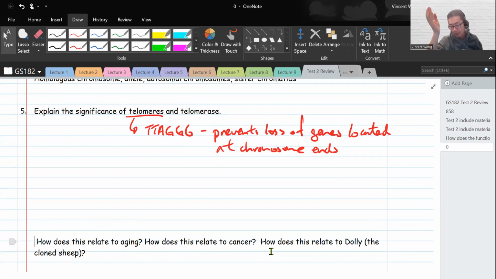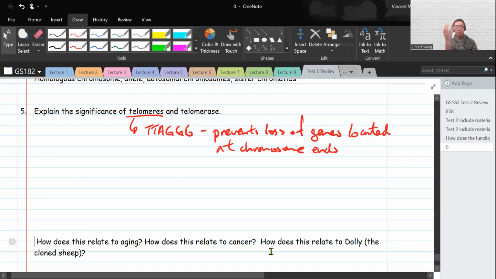If the telomeres are critically short, then the cell is not allowed to divide anymore, right? Because if you copy your DNA one more time, you will start eating into important genes. So that's what telomerase is for.